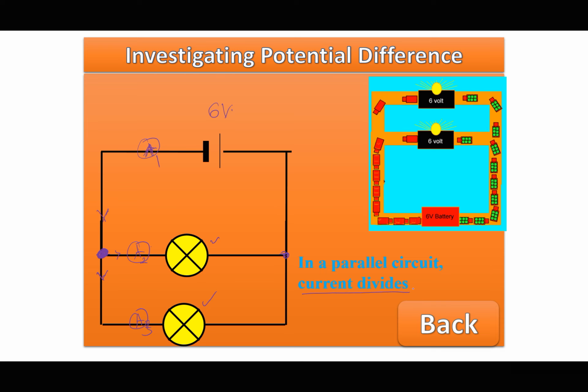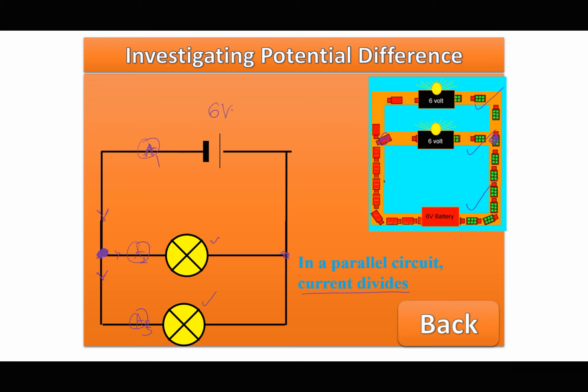But the PD, if I put a voltmeter across any of these 2 points or anywhere, will give the same reading as the EMF. So in parallel, the EMF is the same as the PD across each of the components. You should note that very carefully. At the junction, the current divides here, it recombines here.